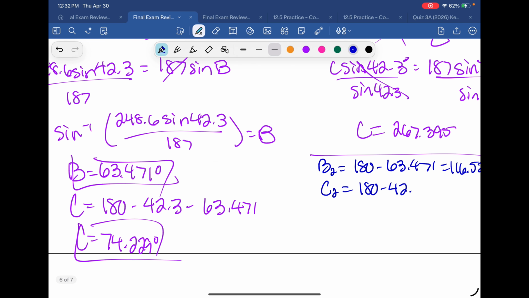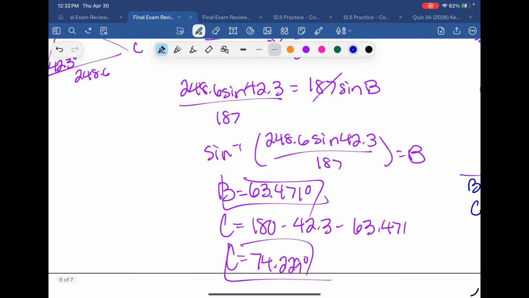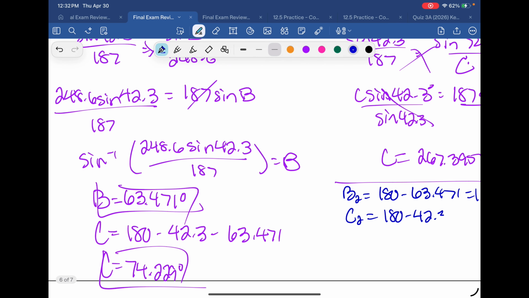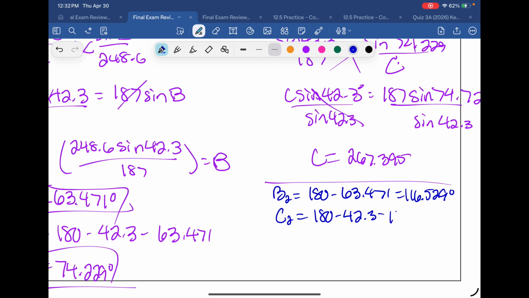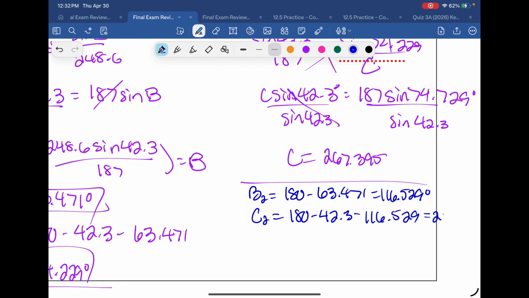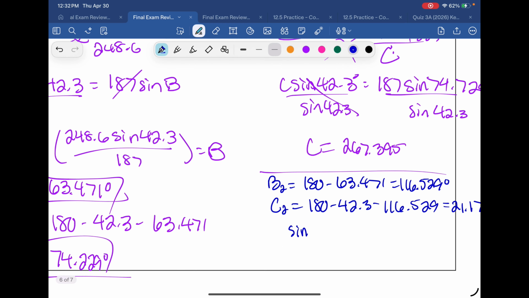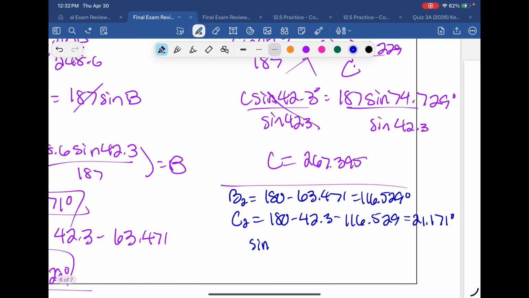Oh, yeah, we do. 42.3 minus new angle B. And last, find your remaining side. 42.3 over 187.